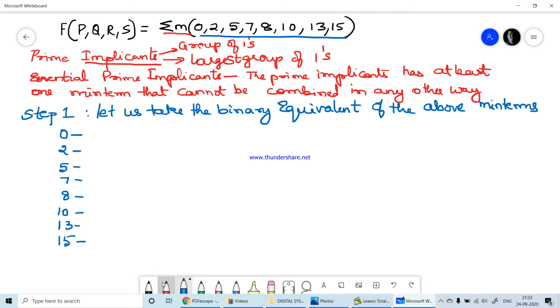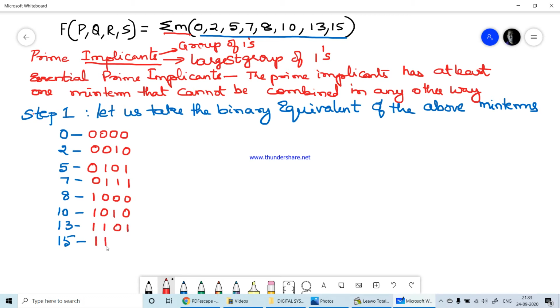So what is the binary value of 0? It is 0, 0, 0, 0. This is a 4 variable reduction which we are doing, therefore we get 4 bits to represent 0. Similarly, 2 is 0, 0, 1, 0. 5 is 0, 1, 0, 1. 7 is 0, 1, 1, 1. 8 is 1, 0, 0, 0. 10 is 1, 0, 1, 0. 13 is 1, 1, 0, 1.